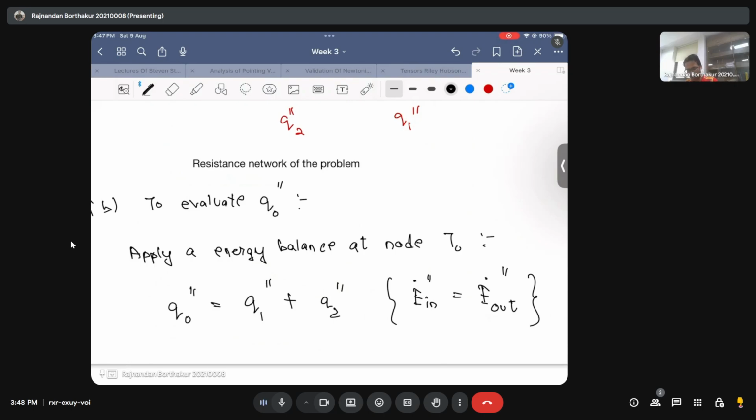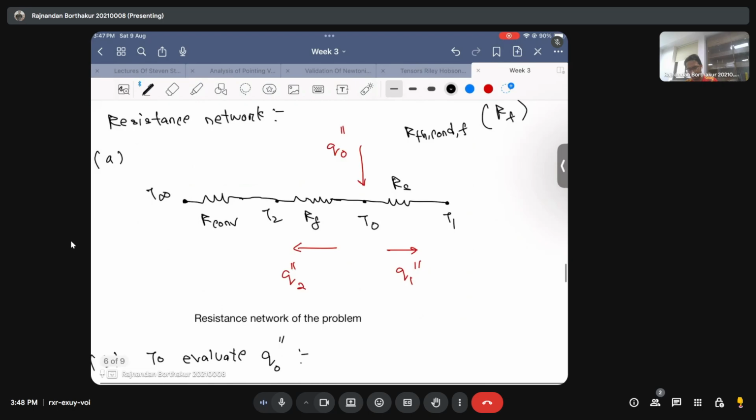Now we need to calculate this Q naught double prime, and for that we should be able to evaluate Q1 double prime and Q2 double prime, and this is where the resistance network will be of help. Remember Q1 double prime: it is the flux that has left this node T naught, moving to the right in the resistance network.